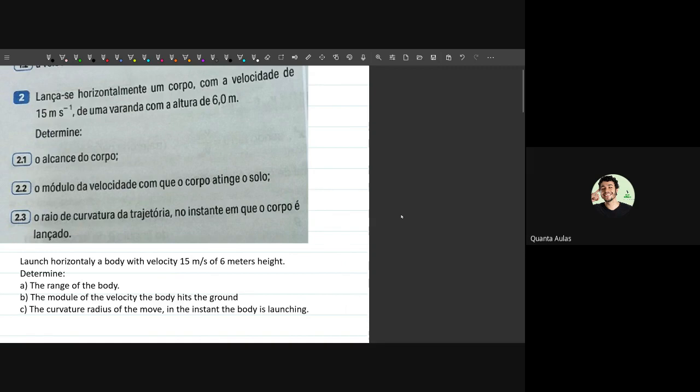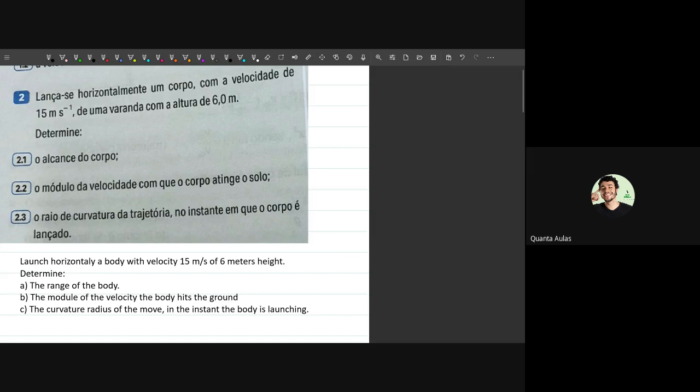The range is the X movement. So you know the equation. If you need some information in another dimension, you can use the Y equation too, okay? To obtain the time, for example, like in the other problem.